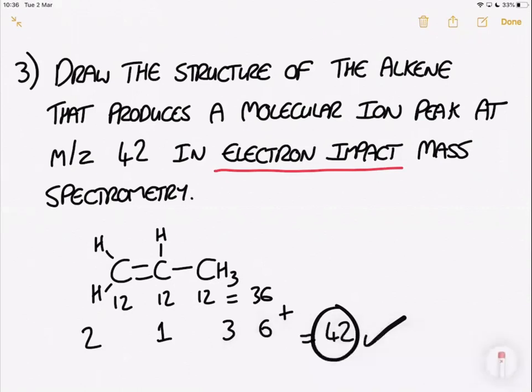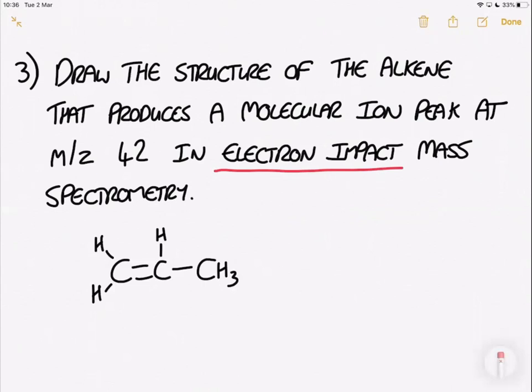So that's the answer. It's propene, but since we're talking about mass spectrometry, now we've figured out that's the RFM of propene, it's worth pointing out, right? C3H6 is the molecular formula of propene. The thing that we're actually looking at, remember, is that as a positive ion.